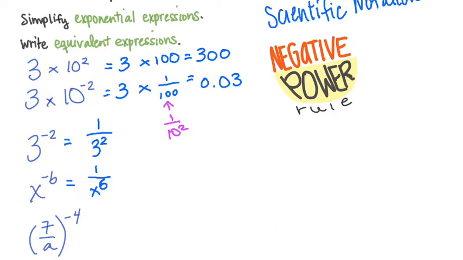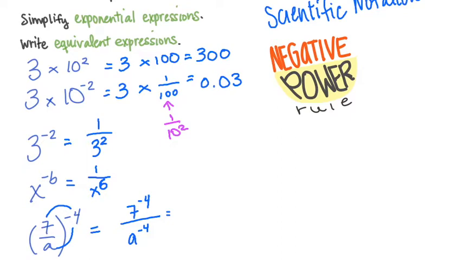When we look at the next example, we have 7 over a raised to the power of negative 4. Now before I go ahead and get rid of my negative exponent here, I want to make sure I distribute this negative 4 to both my numerator and my denominator, just so that you can see very clearly what's going to happen. And basically what I have here is 7 to the power of negative 4 over a to the power of negative 4.